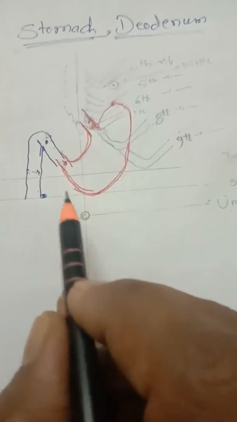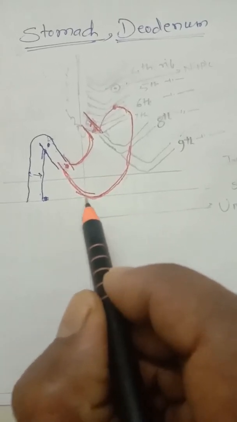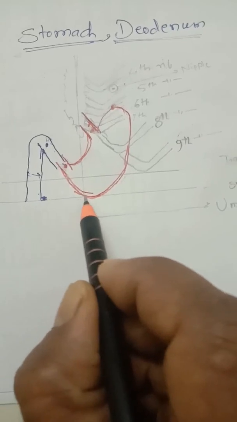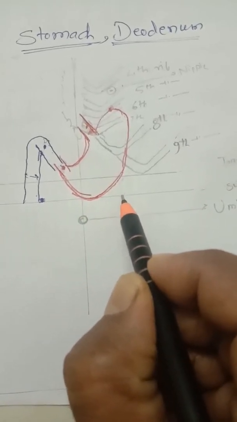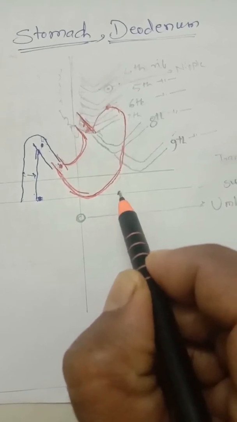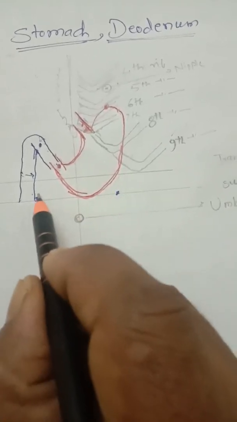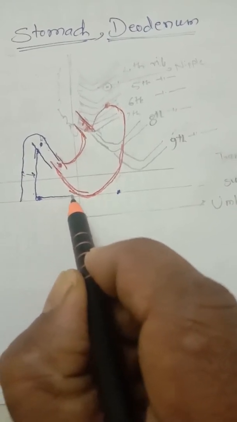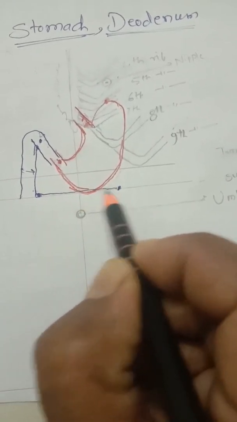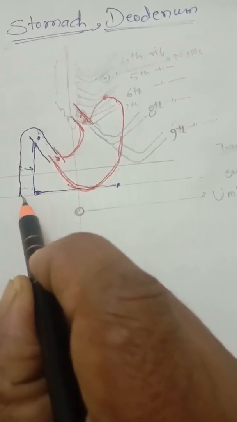The length of this line is about 10 centimeter. So consider this 5 centimeter and this 5 centimeter, so total 10 centimeter. Then draw two parallel lines which are 2.5 centimeter apart from each other.